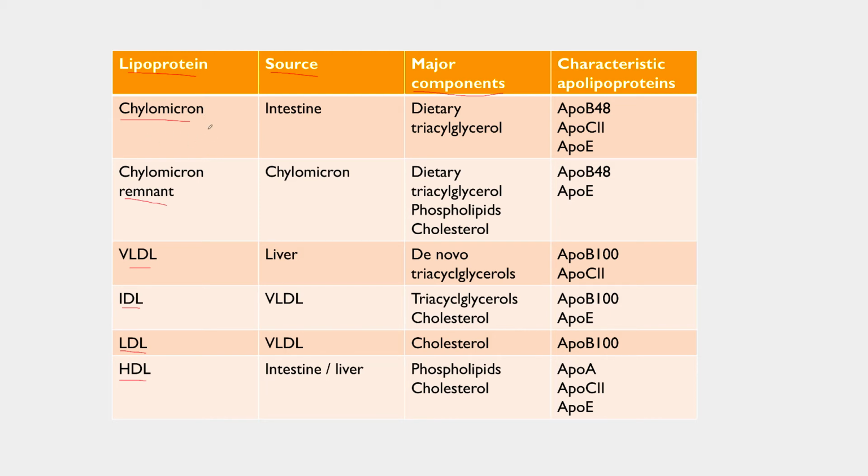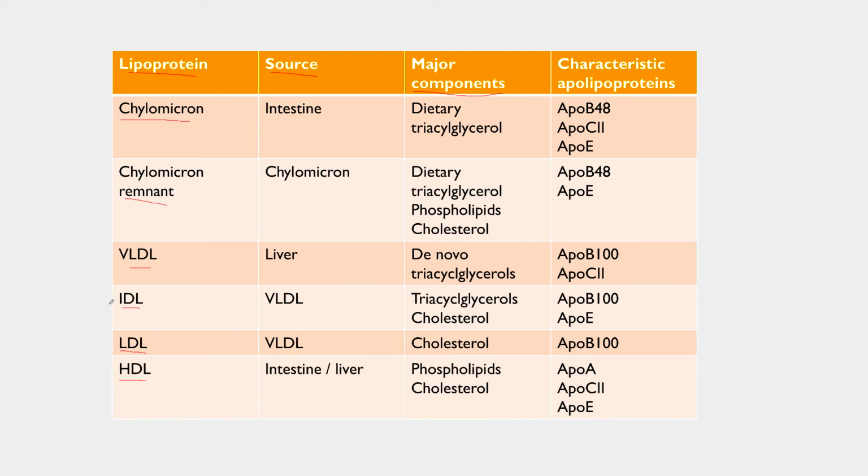So quickly, chylomicrons. These originate from the intestine and will carry dietary fats and cholesterol, as well as fat-soluble vitamins. This is in contrast to VLDL, which carry fatty acids from de novo synthesis in the liver. The fatty acids are packaged into triacylglycerols, which are loaded into VLDL particles along with cholesterol before leaving the liver.